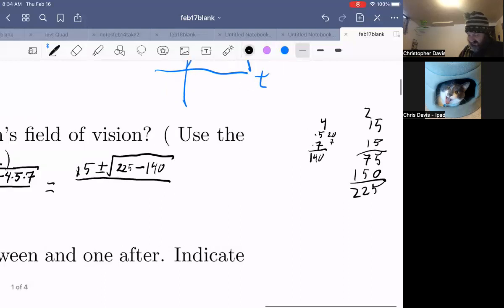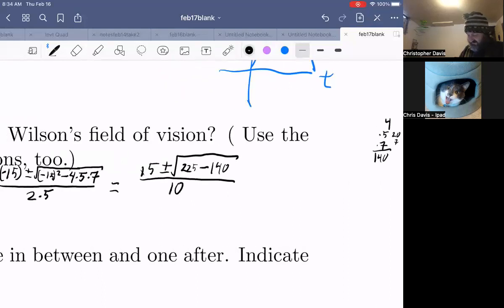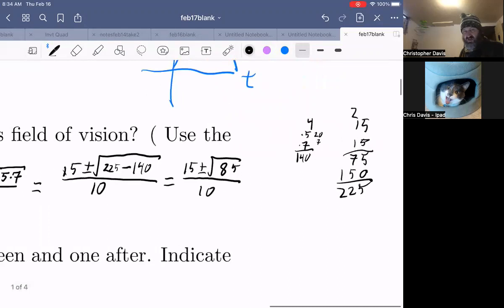All over 10. All right, trucking along. 15 plus or minus the square root of, I can do the subtraction, I think. 225 minus 140 is 85, all over 10.